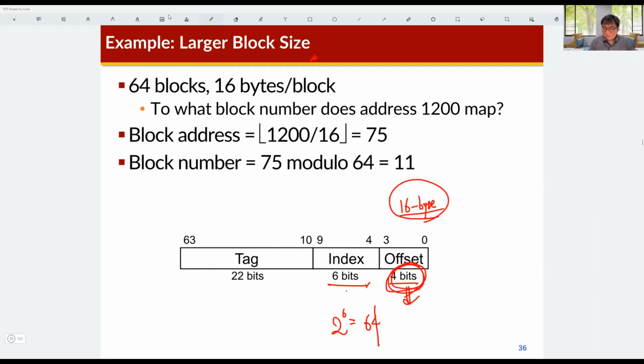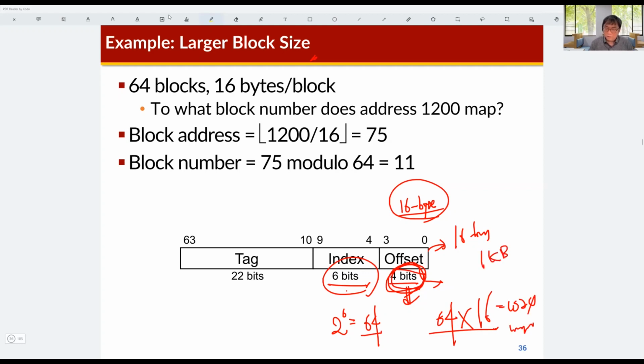So this offset determines the size of a single cache block, and this index part determines the number of blocks in the cache. So 64 blocks, and this is 16 byte. So the size of the cache is 64 multiplied by 16, which is 1 kilobyte.